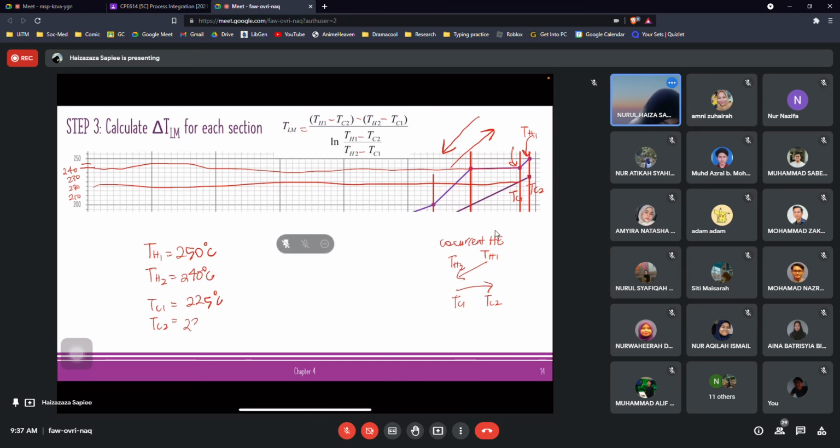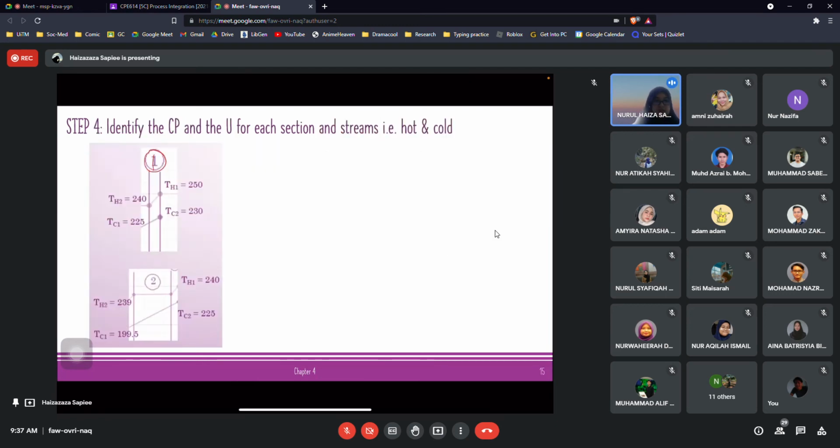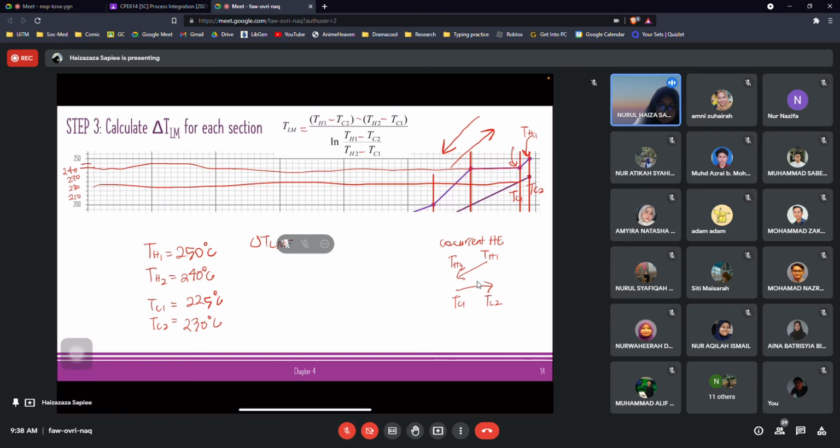Okay. So you akan dapat something like this lah. So this is your first section. Okay. So you're gonna do it the same untuk kita punya first section and second section sampai 7 section. So macam ni kita nak calculate dia punya delta T LM is basically just use this equation.